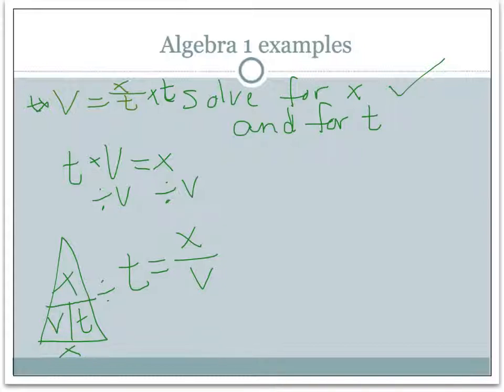Okay, so let's rewrite this neatly so that we can see all three versions of this equation at the same time. We have v equals x divided by t, x equals v times t, and t equals x divided by v.